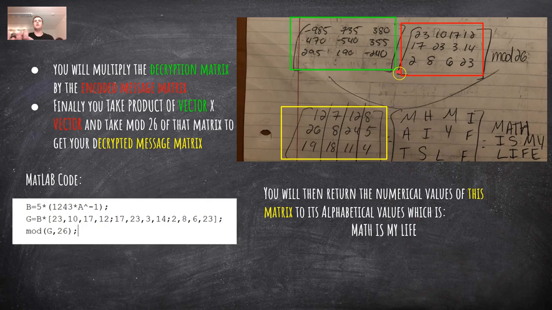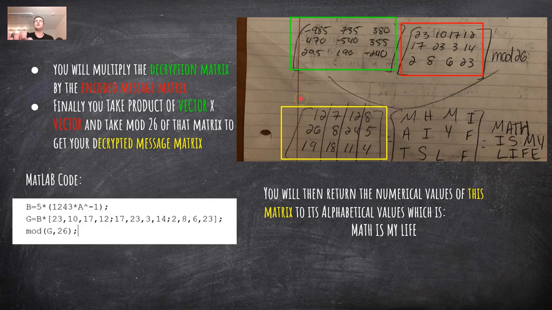Similar to other matrix multiplication, you will take the row of the first and multiply by the column, and this will give you the first value here. And then so on and so forth. After you do the multiplication, you will take the modulo 26 of that matrix to get the decrypted message matrix, as seen here.